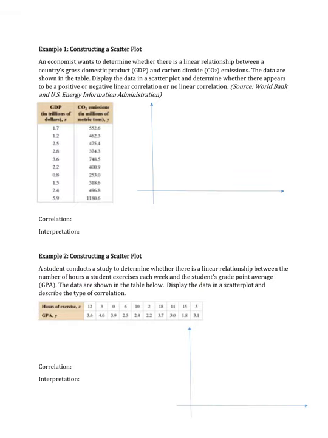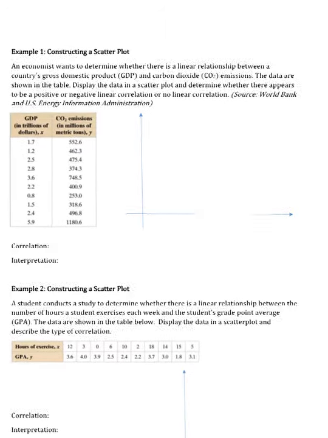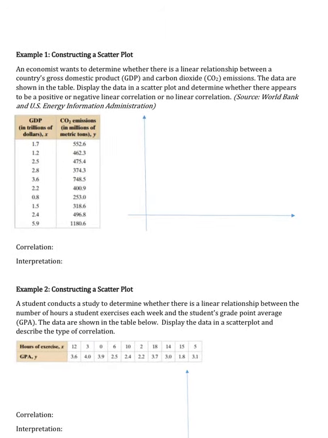So now we're going to go through these two examples, and then you guys are going to do the other two for your practice. So I'm just going to go through and highlight so that we know what to label our axes as. An economist wants to determine whether there is a linear relationship between a country's gross domestic product, also known as the GDP, and carbon dioxide CO2 emissions.